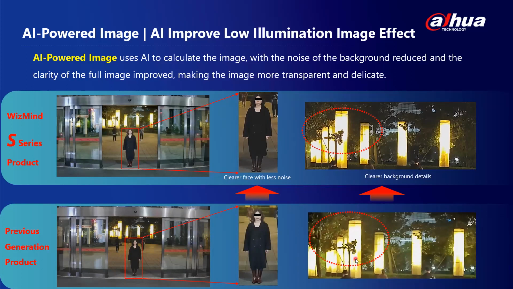So we find that the AI 3D noise reduction and the AI HDR function, with demosaicing and gamma correction affecting the output, make it clearer compared with the general WizMind 5 IPC product. That is all for the low illumination image effect produced by the WizMind S series.